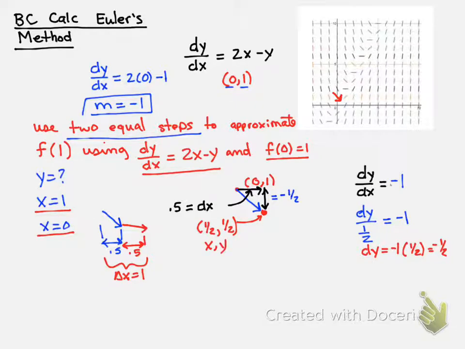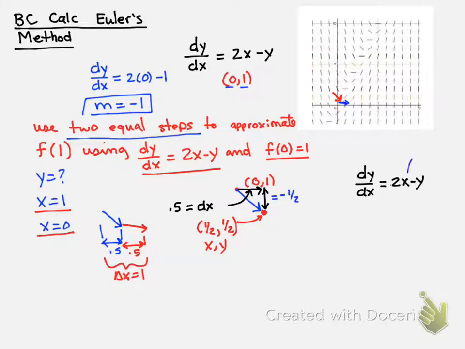And I'm going to use that same slope formula that I used before, 2x minus y, because that's the slope field. I'm just slightly farther along up here in my picture.